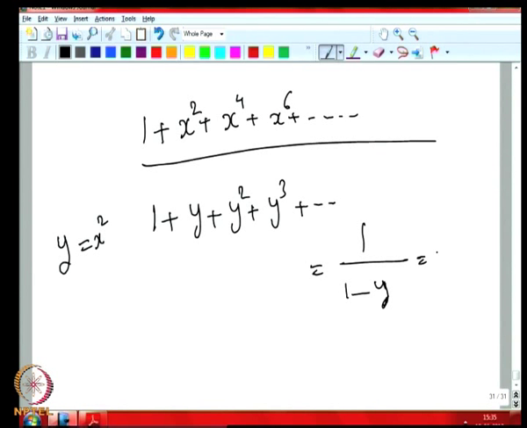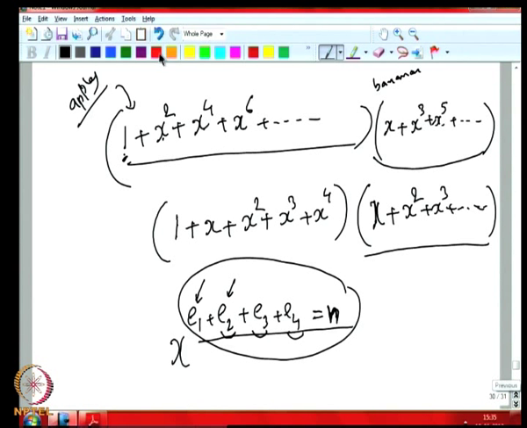So that is 1 by 1 minus x square, right. So the first term is actually 1 by 1 minus x square.